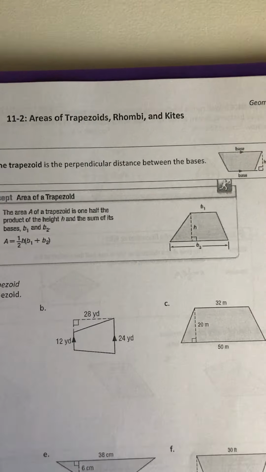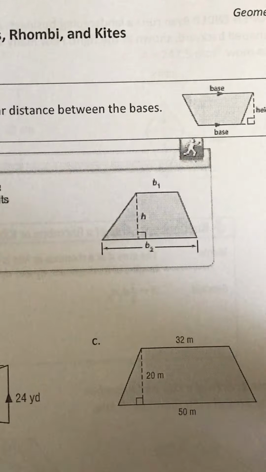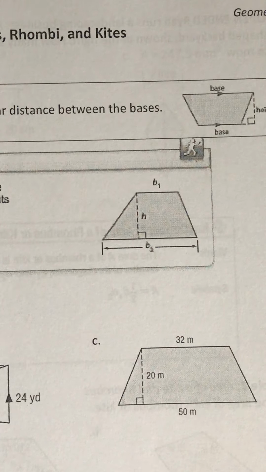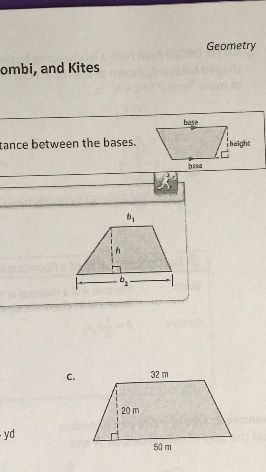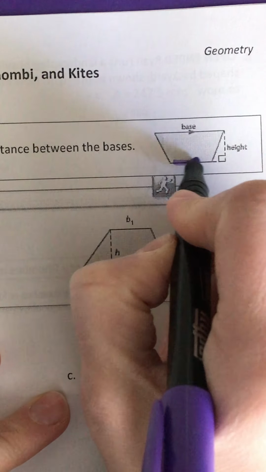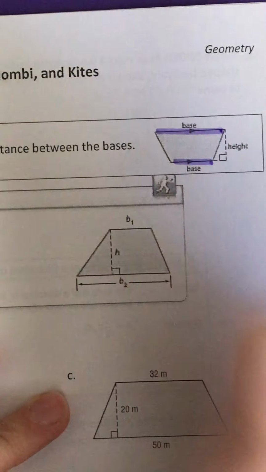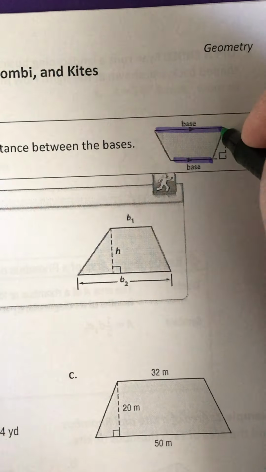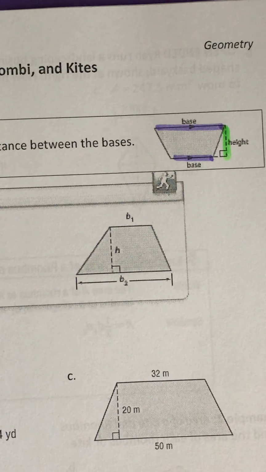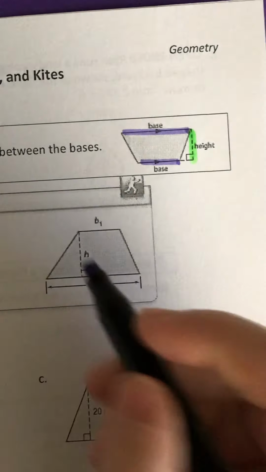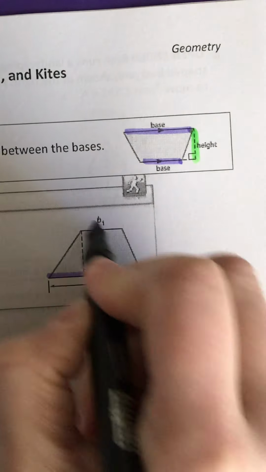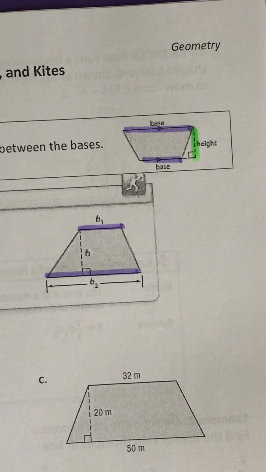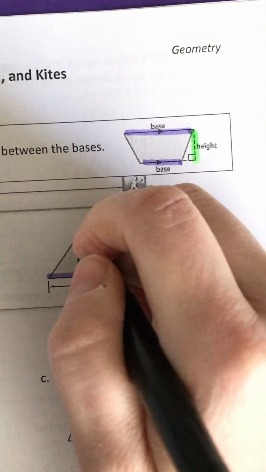So in our two examples here, we have a base and a base. In this example, our height is outside. And then in this example, we have a base, and our height is inside.